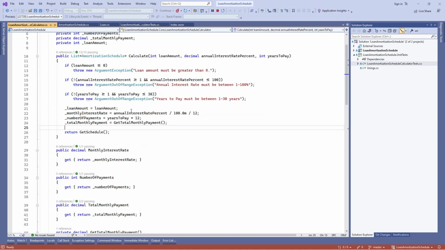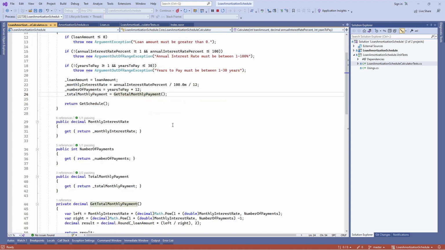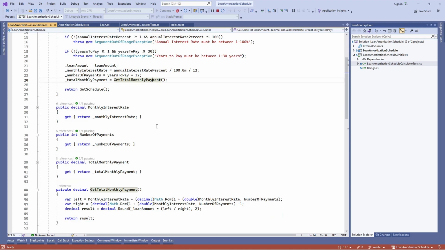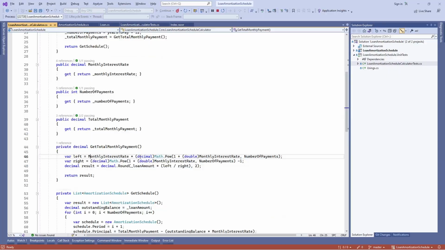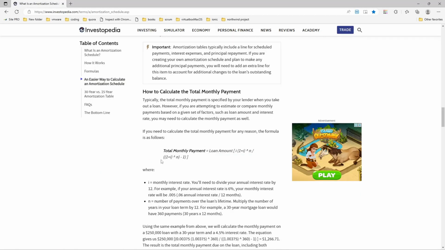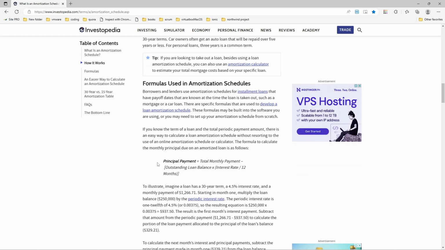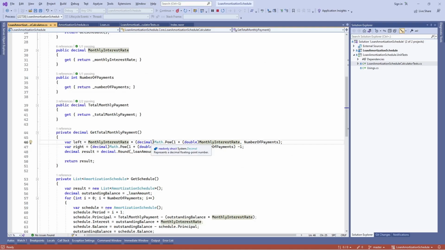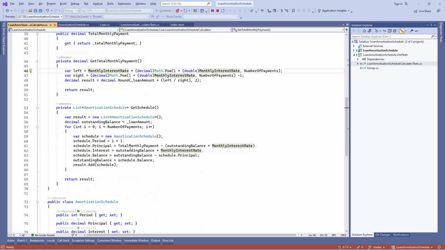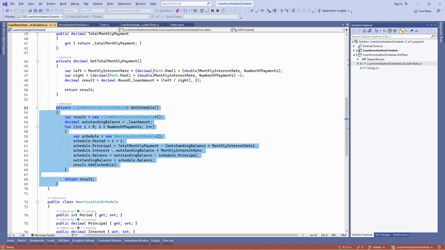I've split this into several sections. Initially calculating the parameters that would be needed for generating the schedules, and also this formula for the get total payment is again based on this one. Then the rest is also used in generating the schedules. Now this would be the actual meat of the schedule, inside this method get schedule.